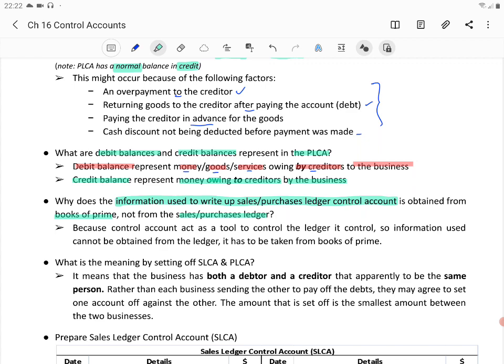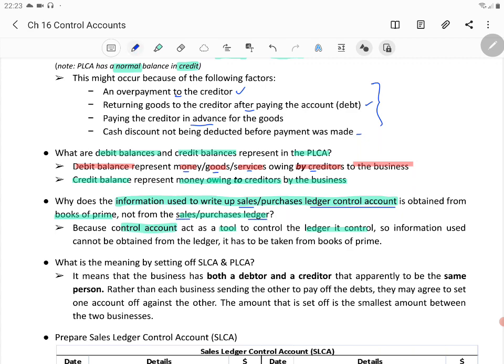Now the question: why is the information used to prepare the purchases and sales ledger control accounts taken from books of prime entry, not from the ledger? The answer is because a control account acts as a tool to control the ledger it controls. So if you are preparing the sales ledger control account, you are trying to control the sales ledger.